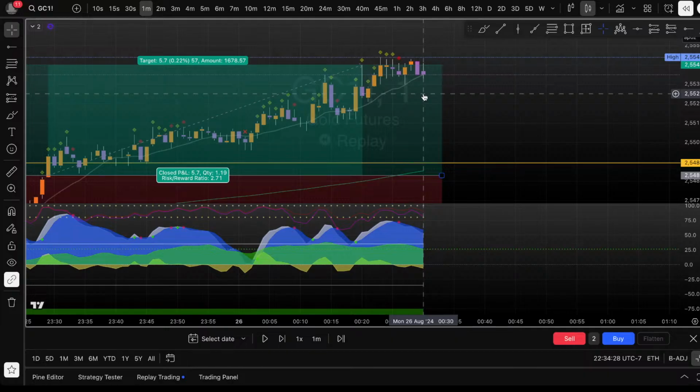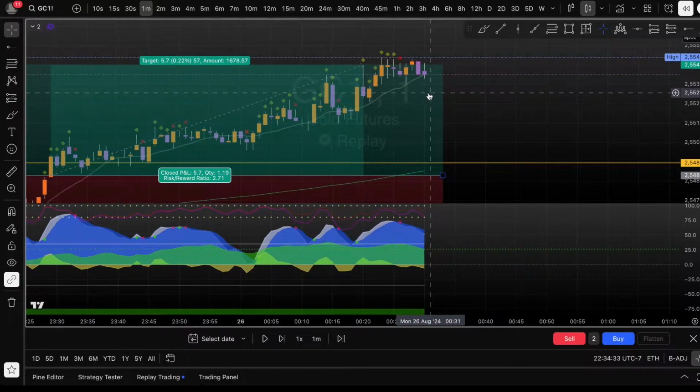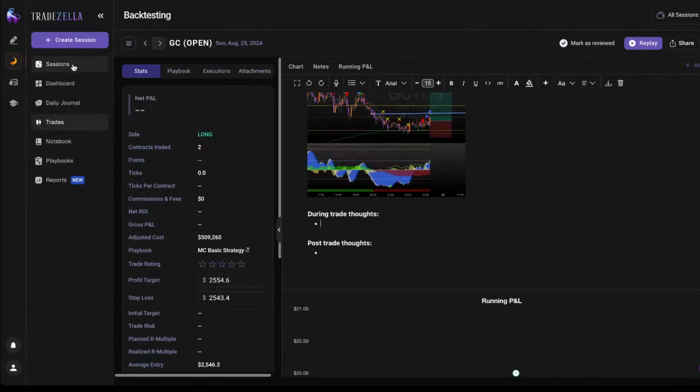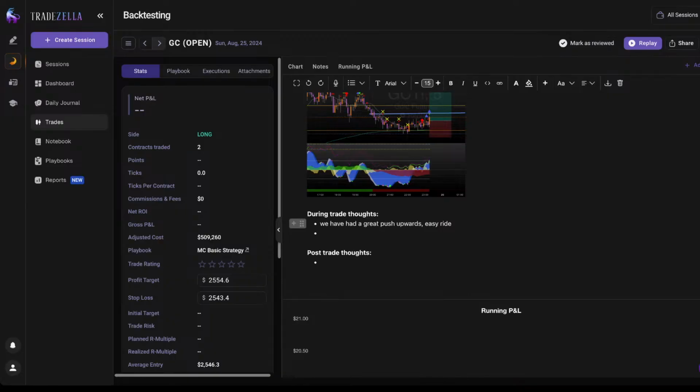We're at 12:30 on Monday. We have had a great push upwards, easy ride. Some of the lower time frames are signaling a pullback.